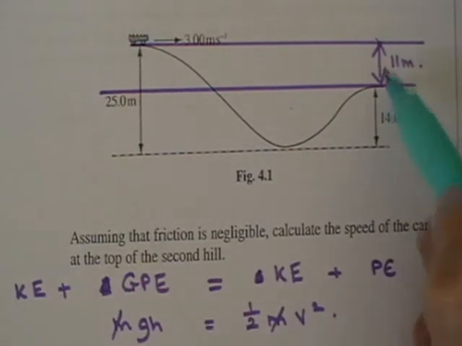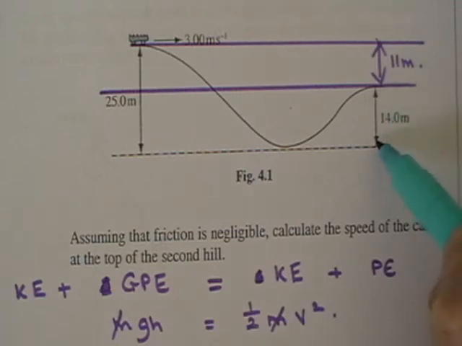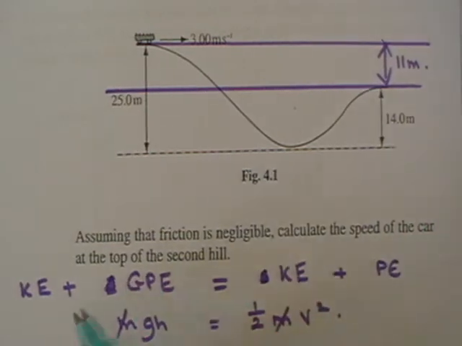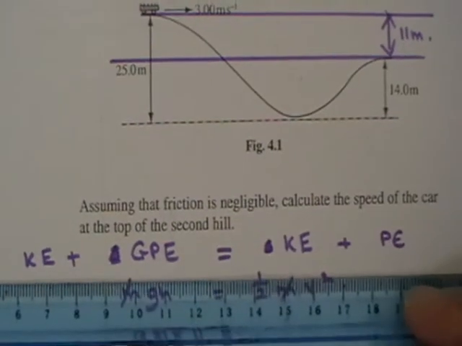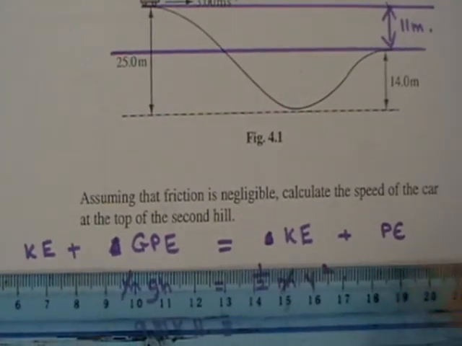So it has dropped a distance height-wise of 11 meters, but it's still got a gravitational potential energy of whatever the height of 14 meters worth is. And so we've written down here kinetic energy plus gravitational potential energy is equal to kinetic energy plus potential energy. So that's at the top of the first hill, the top of the second hill.